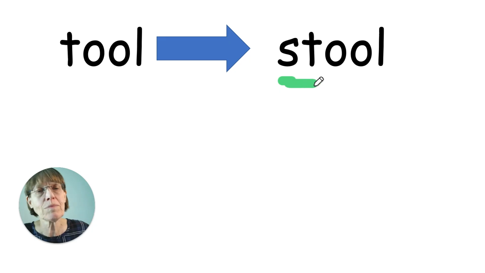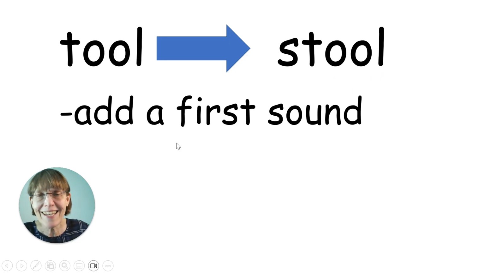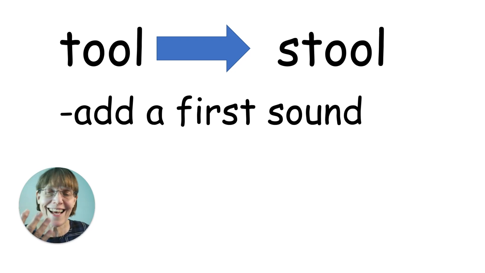So now we have the blend st, 2 consonants, then our oo. So what is the change? We added a first sound, a number 1 sound. Now we have 5 letters, 4 sounds.